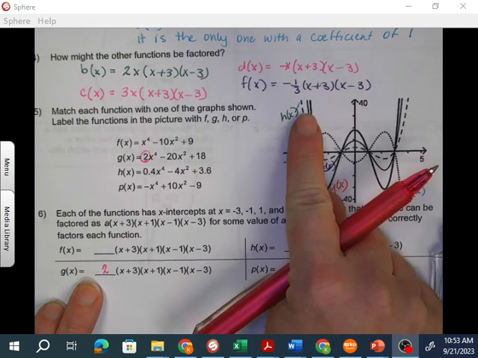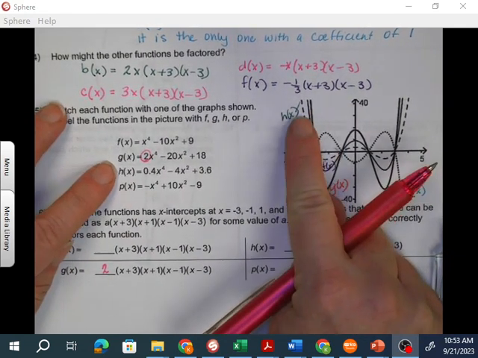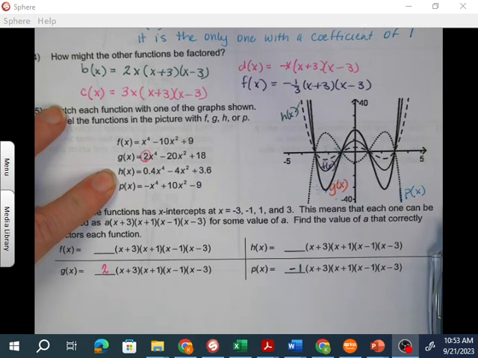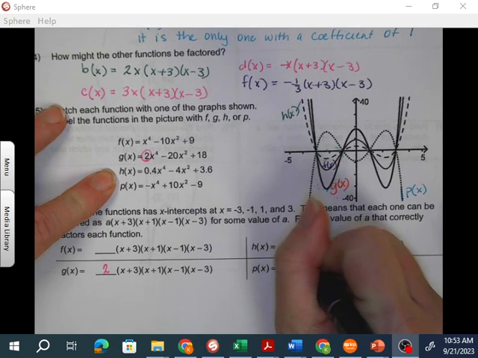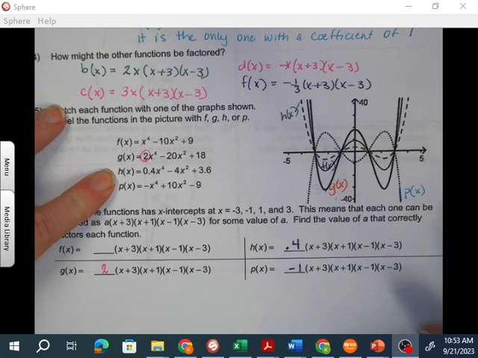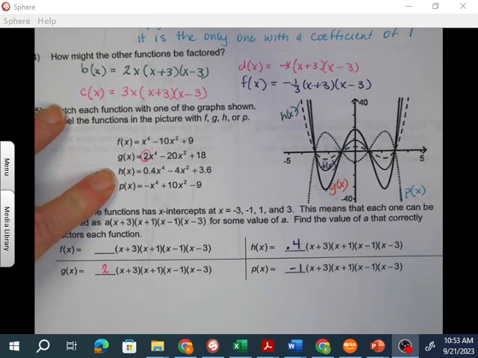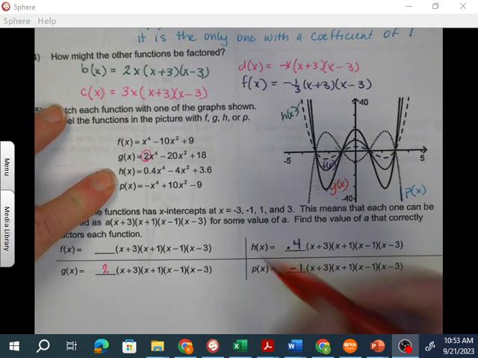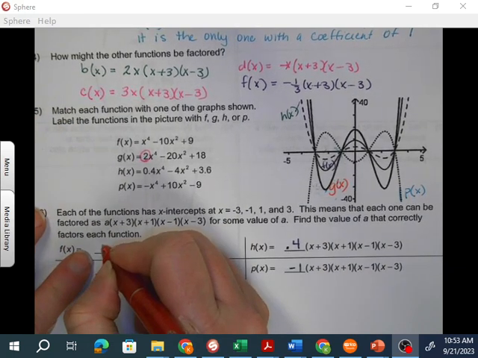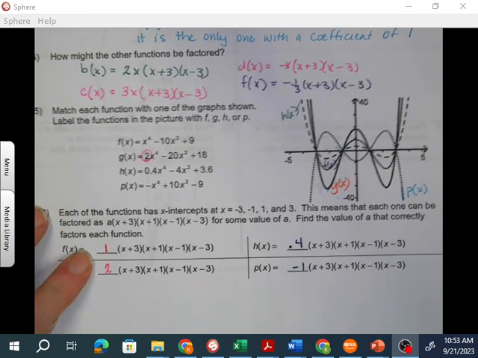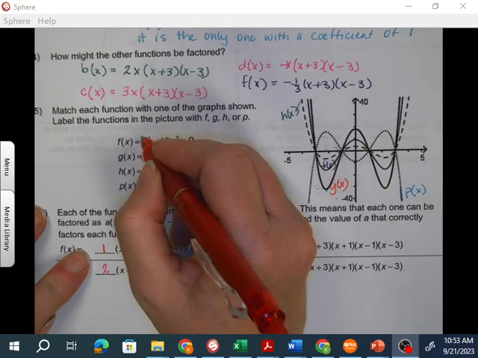Then h of x was the short squatty one. So what's going to go as my a value on h of x? 0.4. It's a decimal less than 1, so it's a compression. And then for f of x, your a value is technically 1, because there's nothing in front of f of x.